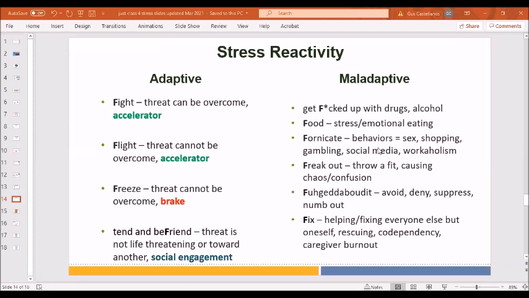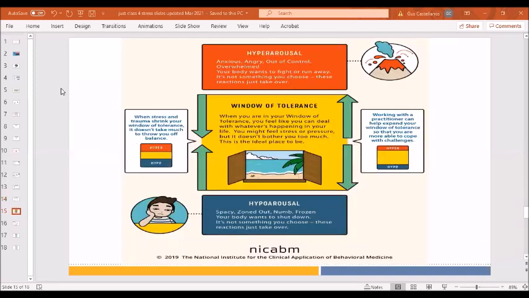I'm not debating that. It's just that when these things are done over time, of course, they cause problems. It could lead to alcoholism. It could lead to obesity and diabetes and all of that. And of course, the behaviors, too much shopping, too much work, all these things can even cause more stress. So the key here is being aware of what you're doing and overdoing, knowing when there's time to set those limits and be careful.